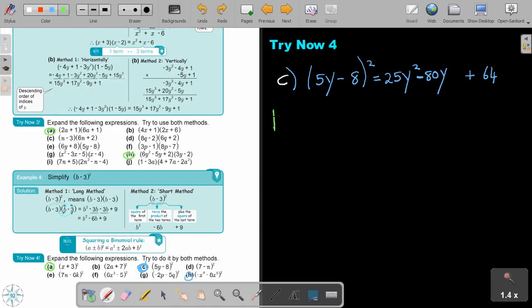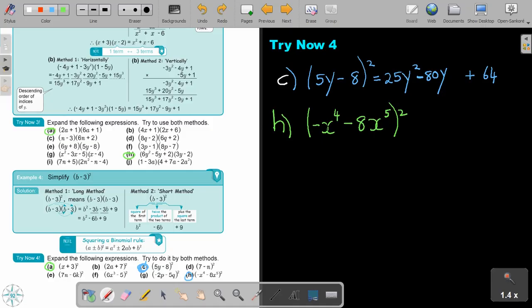So if I look at number H, I'm going to do it again just on that second method. So it's going to be (negative x to the power 4 minus 8x to the power 5) squared. Again, if there's only one term, it's not a problem inside the bracket. You do this method if there's two terms inside the bracket.